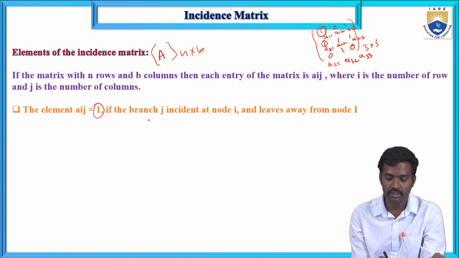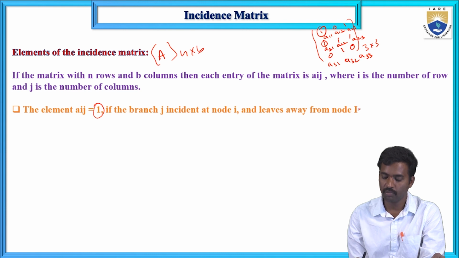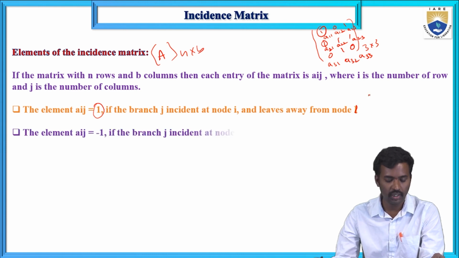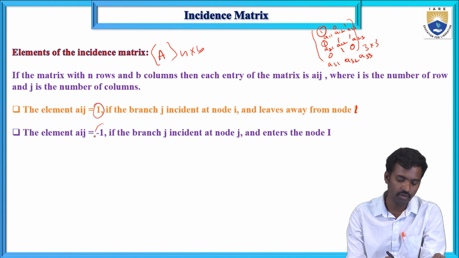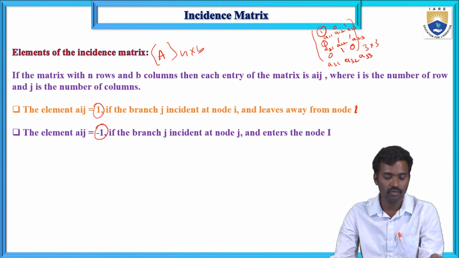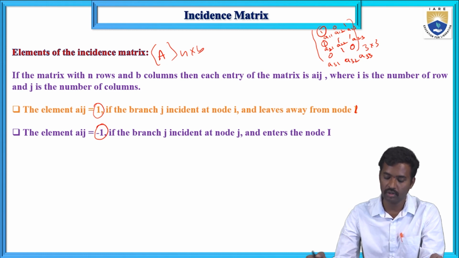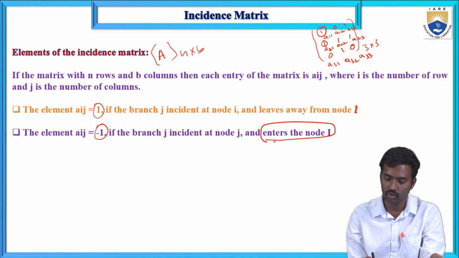Now the jth branch at a node i either leaves away from the node or enters it. The element a(ij) equals 1 indicates leaving away from the node, and minus 1 indicates entering towards the node. This point is most important.